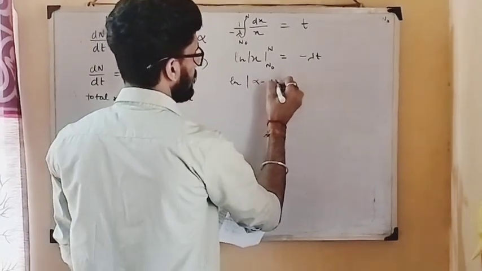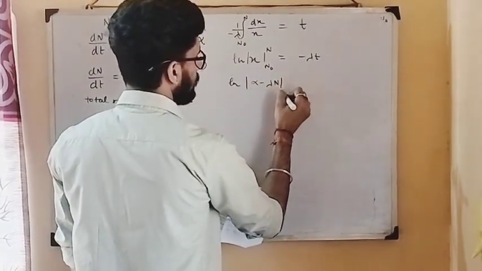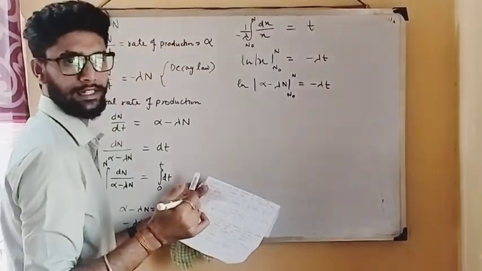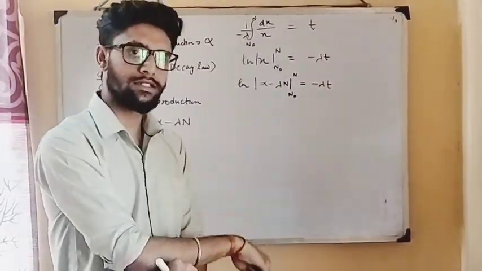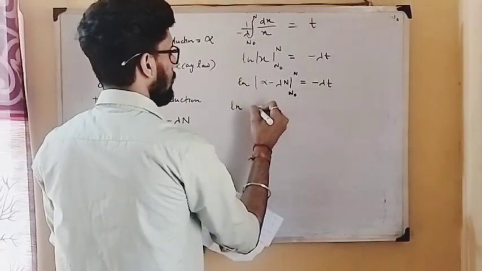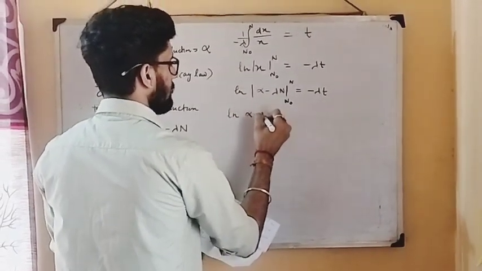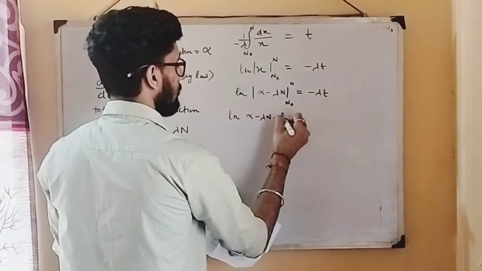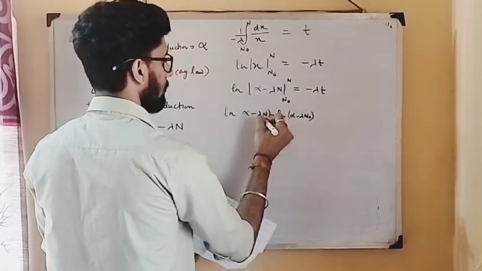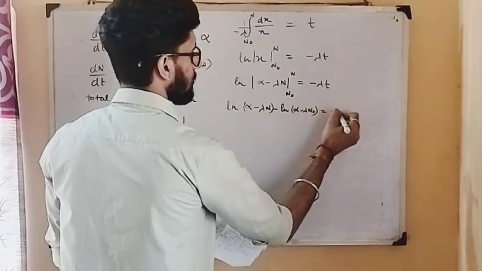If we put upper limit minus lower limit, we get natural log of alpha minus lambda n minus natural log of alpha minus lambda n naught is equal to minus lambda t.